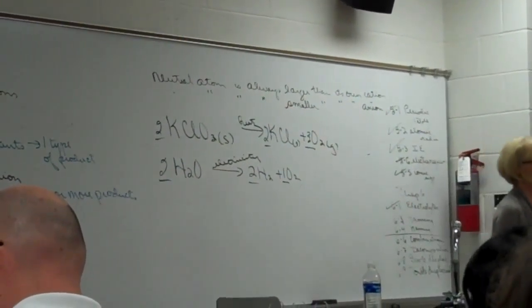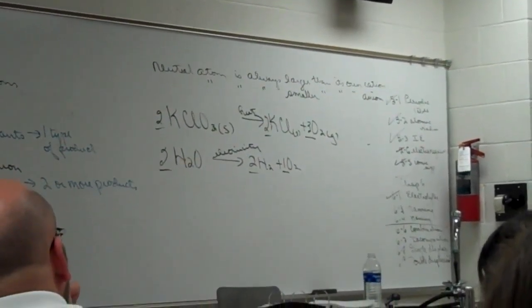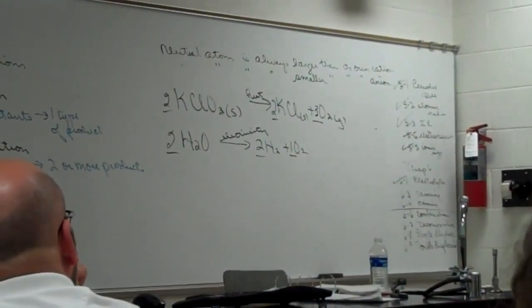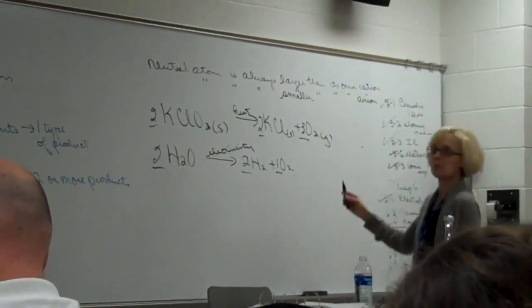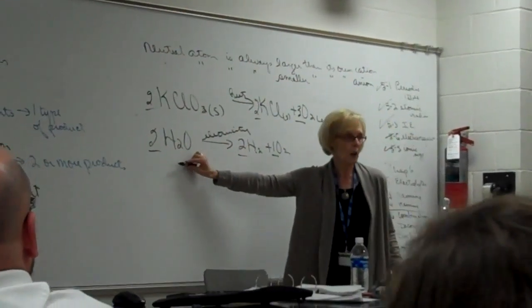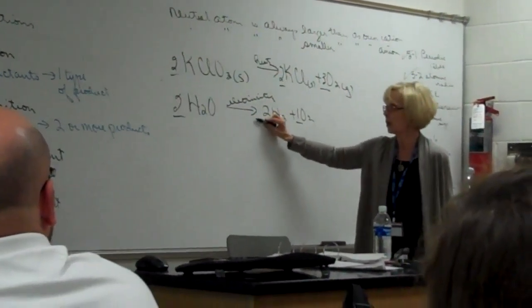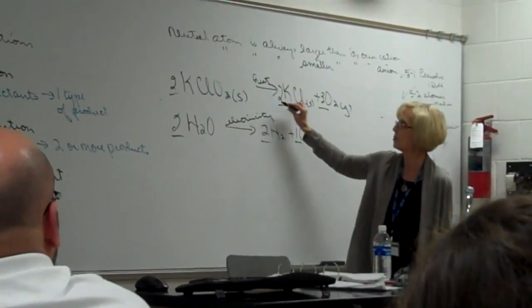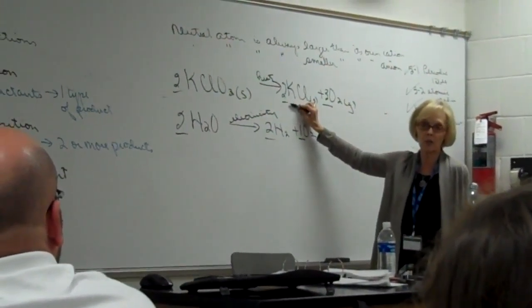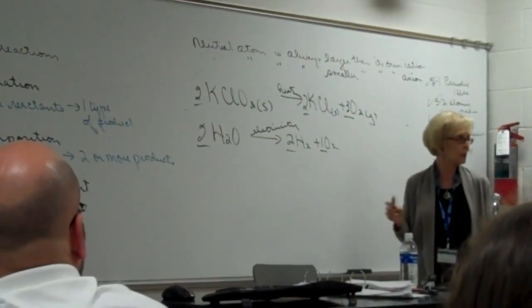But again, what type is it? Decomposition, because you started with one type of substance. But I want to point out, some people think to be decomposition, you've got to decompose it all the way to the elements, and that is not true. You can just decompose it to simpler compounds, or one compound, one element, whatever.